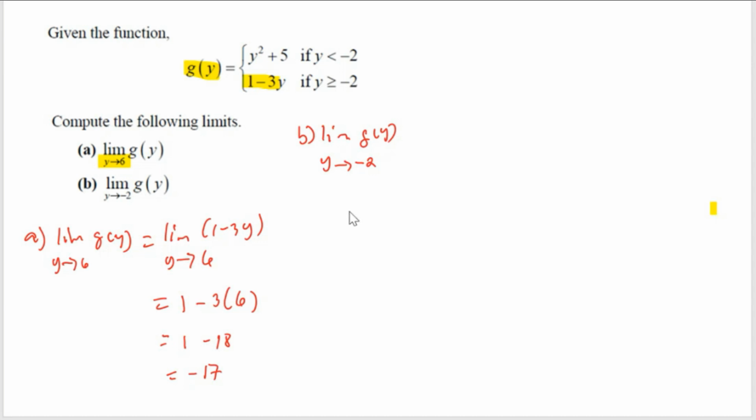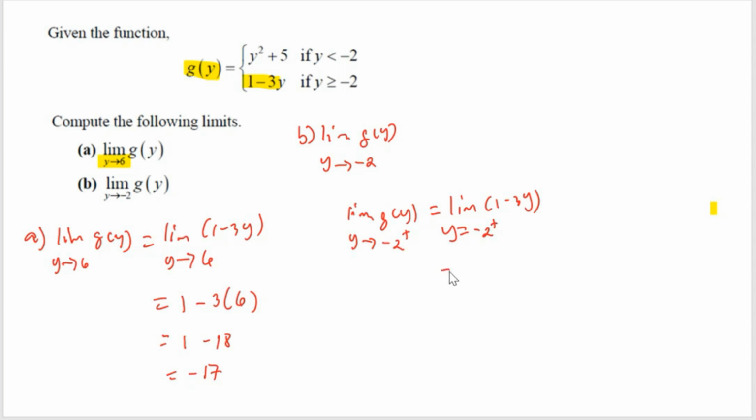To solve for this, we are going to solve first the one-sided limit. So the limit of g of y as y approaches negative 2 from the right, meaning greater than negative 2. I'm going to use the equation 1 minus 3y. So I will write here the limit of 1 minus 3y as y approaches negative 2 from the right.